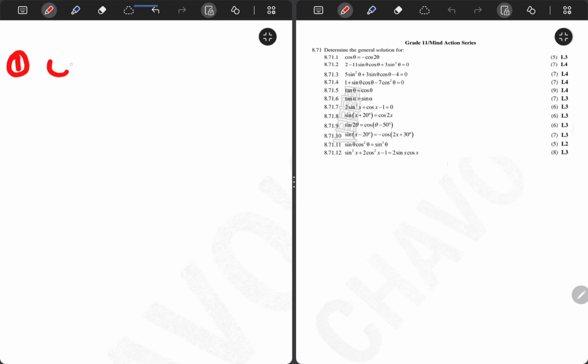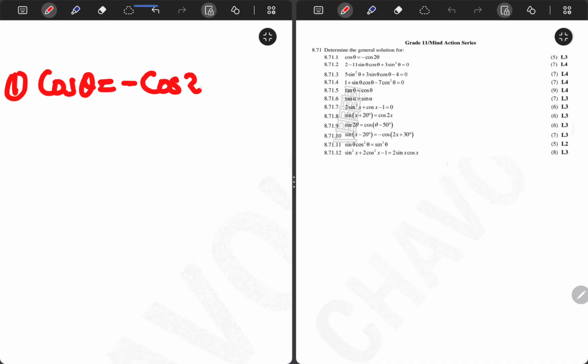We've got cos of theta, which is said to be equal to negative cos 2 theta.